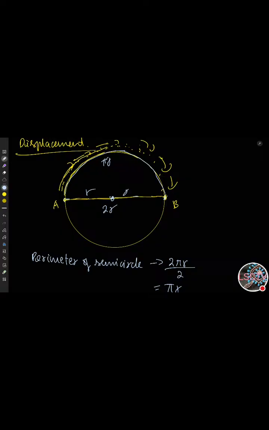Tell me. Seriously, tell me. Is your direction the same throughout the entire journey? No. The direction here is here, while here it's just east.